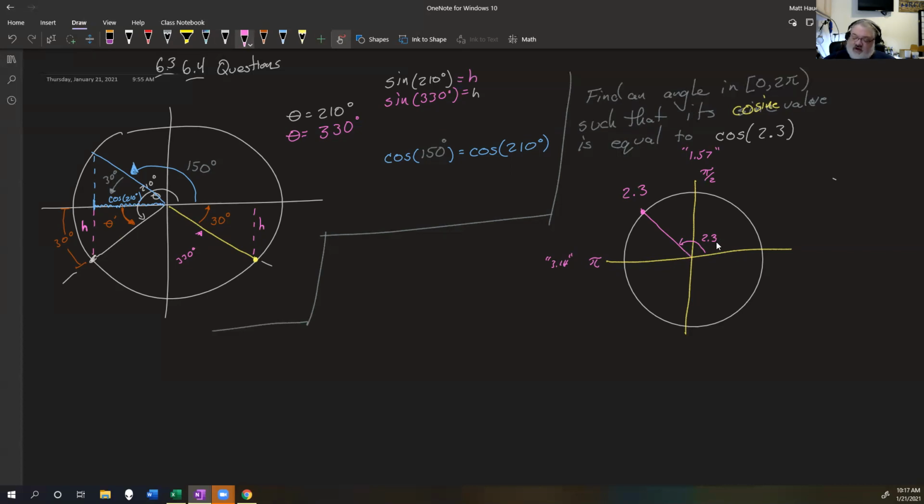Now for cosine, is that a positive quadrant or a negative quadrant? Negative. Good. For cosine, that's a negative quadrant. What's cosine's other negative quadrant? 3. So our other angle has to be down here in quadrant 3, such that those are symmetric.